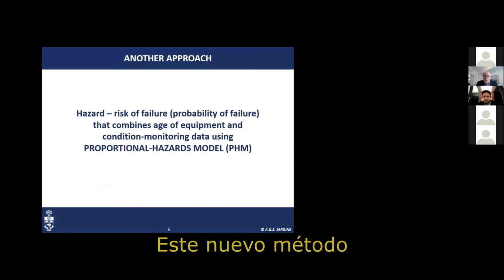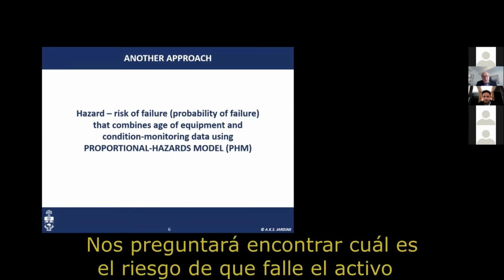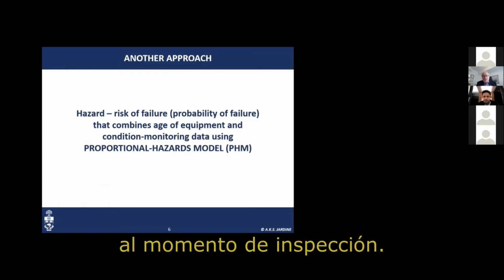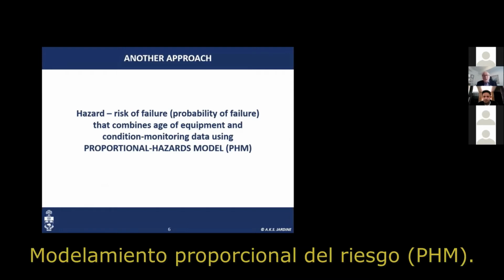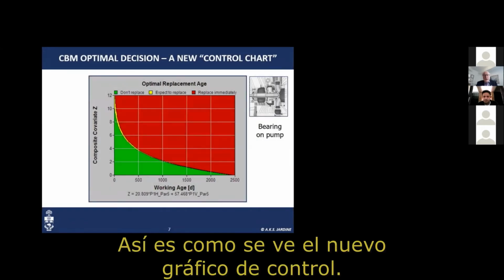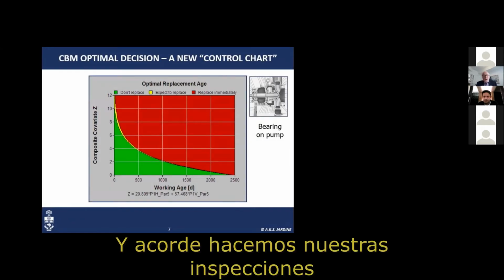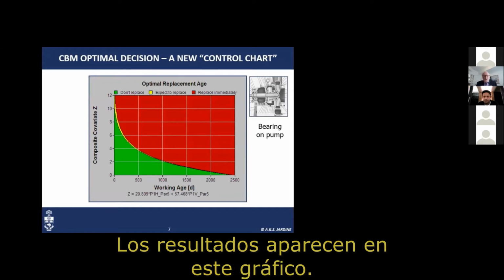And this new approach is going to ask us to find out what the risk is of the item failing at the time of inspection. We calculate the hazard, and we use a procedure called proportional hazards modeling. And this is what the new control chart looks like. As we make our inspections, we get results appearing on this chart.